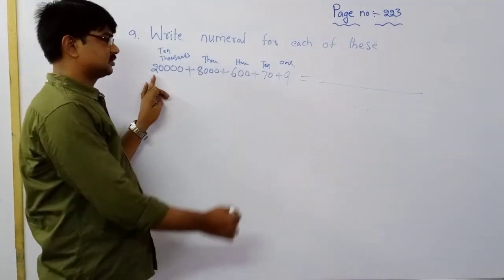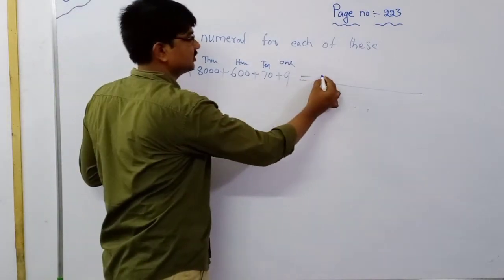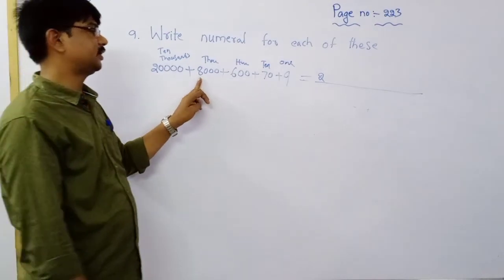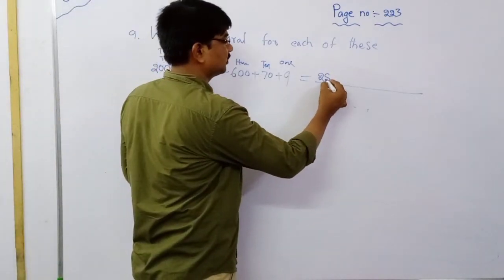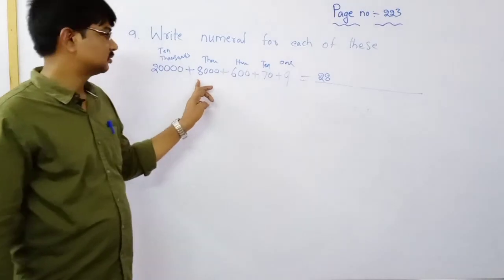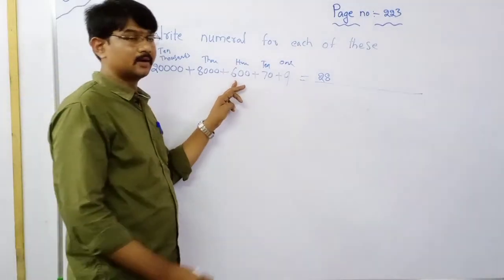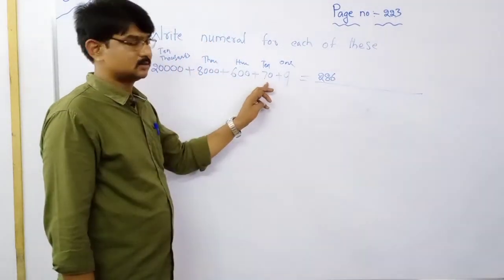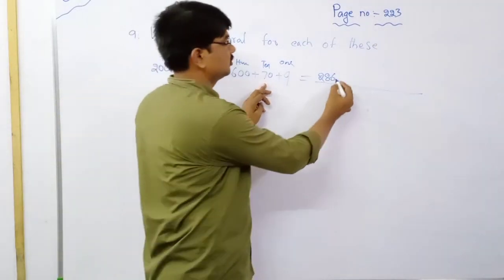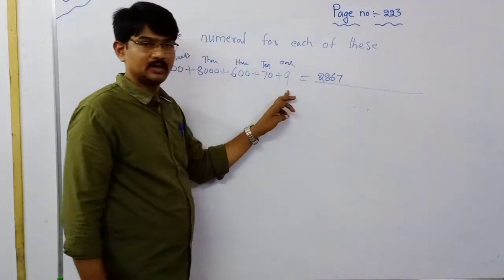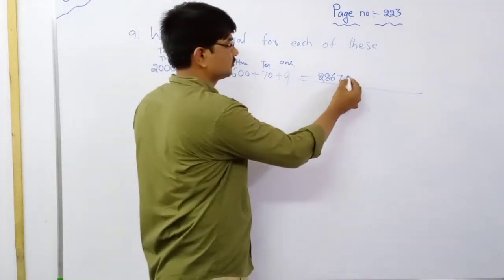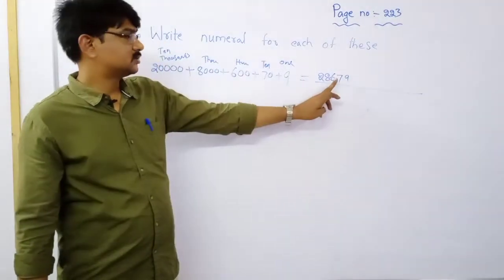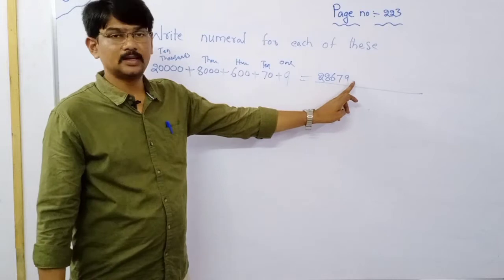So first number 2 is here. 2 ten-thousands, 20,000, right? Next 8,000, 8 thousands. Next 600 is 6 hundreds, right? 7 tens, 70. So 7 right here. Finally 9. What is this called? 28,679.